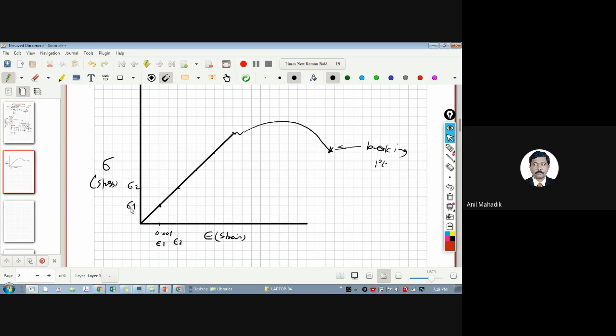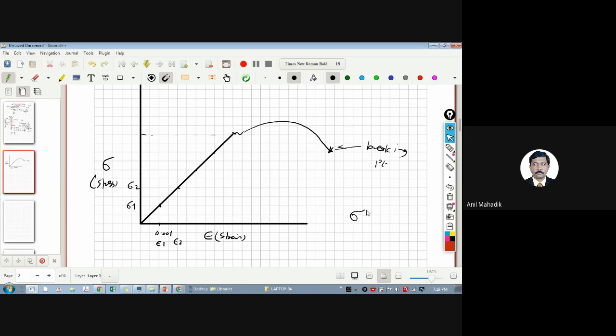So it is linear, we can say, and you can see from the graph here, linear proportion. After this point, actually, there is no linear proportion. Even though you are increasing the force after this point, the strain is getting increased very high. So there is no proportional limit to this. That means the stress and strain relation is not linear.